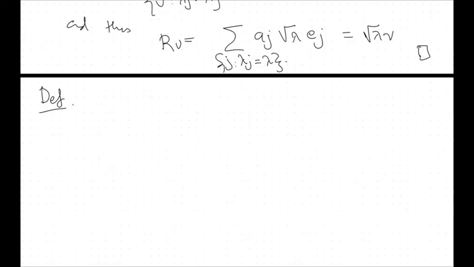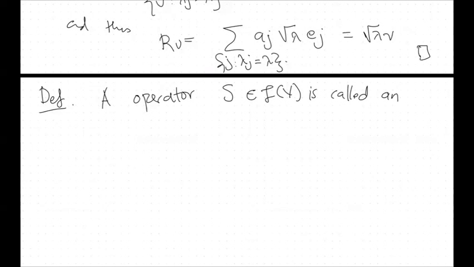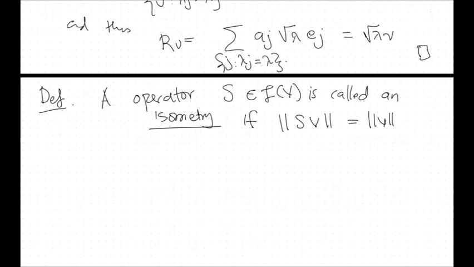Let's define an isometry. Say S is called an isometry if, for all V in the inner product space, the norm of S V equals the norm of V. In other words, an isometry preserves our norms.